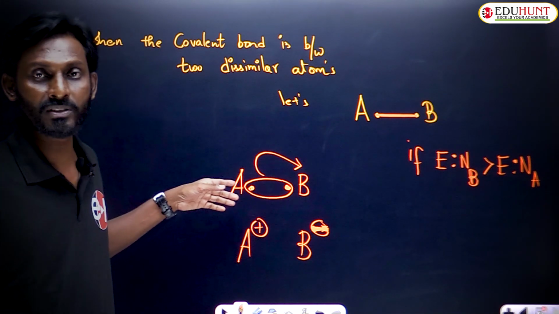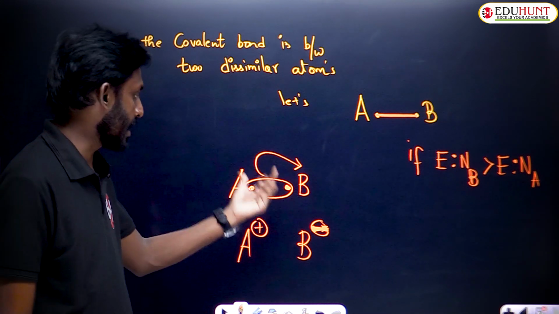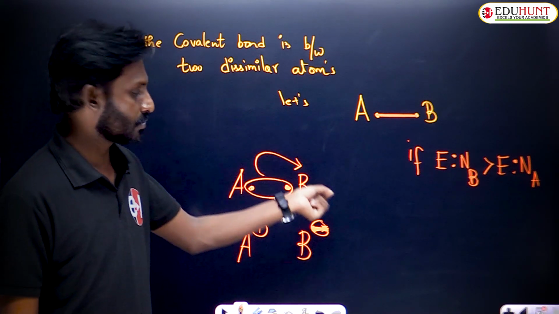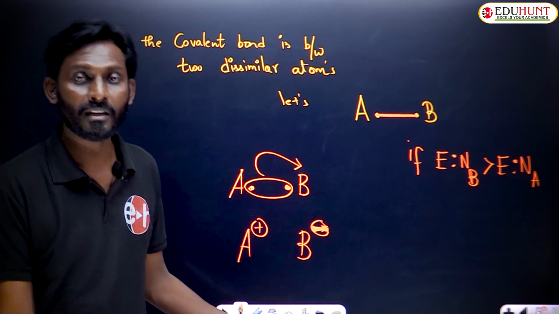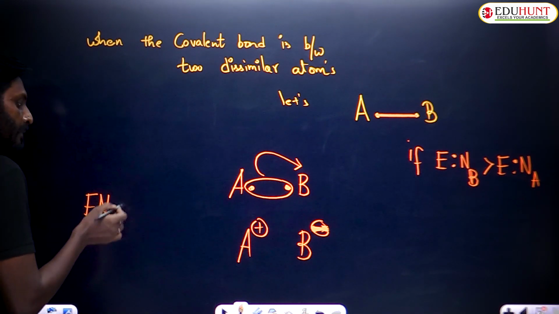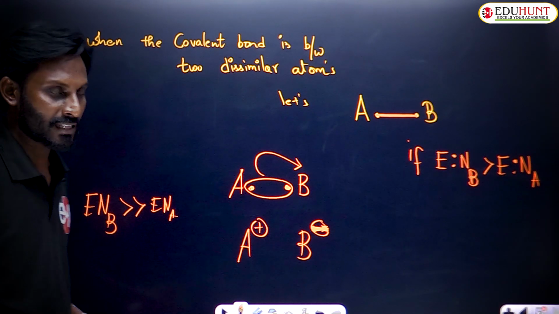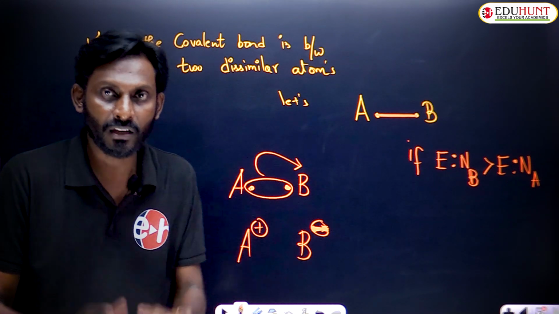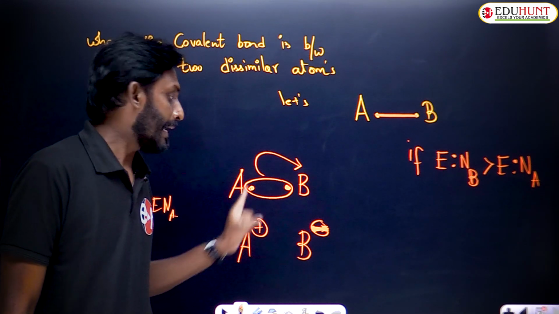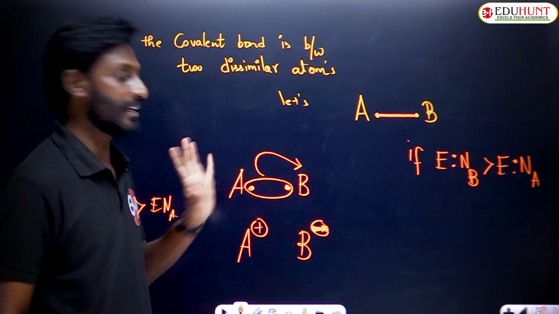Now this kind of situation, in which the shared pair is not even in sharing, it is completely moved towards one atom, you can expect when electronegativity of B is very much greater than electronegativity of A. How much greater, sir? That much greater, at which sharing is not possible.